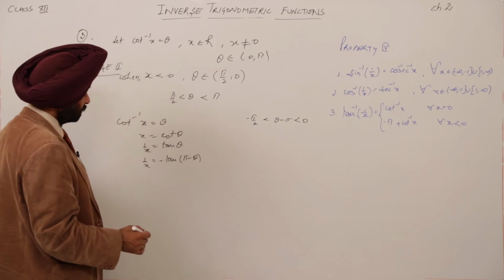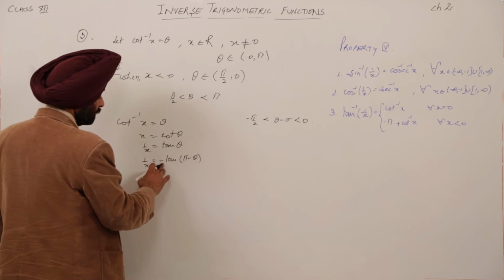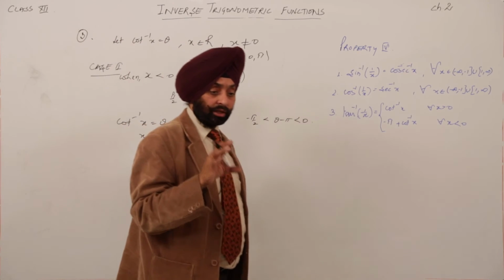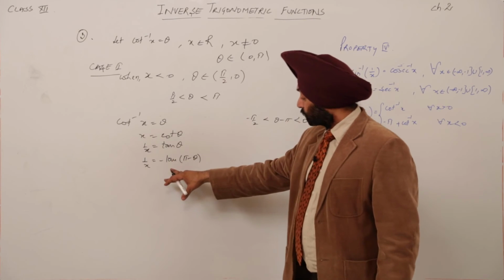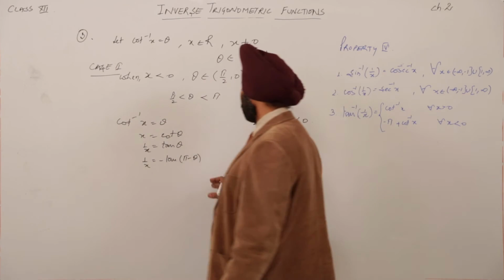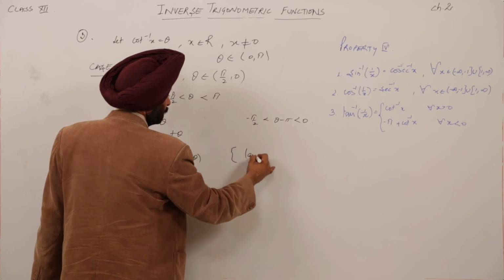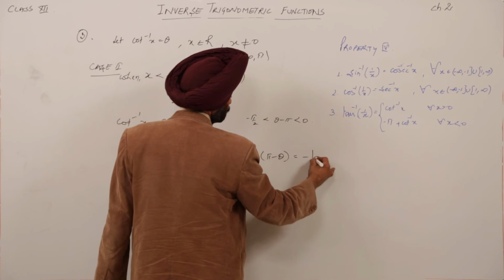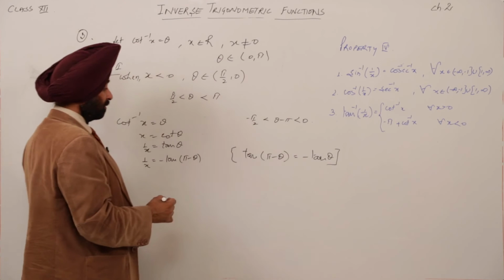Pi minus theta falls in the second quadrant, where tan is negative. So negative and negative becomes positive, we get tan theta. The reason is that tan of pi minus theta is equal to minus tan theta. This we have already done in class 11th.